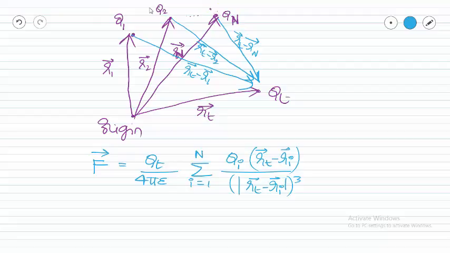Now as per our definition, electric field intensity is force per unit charge at a point, so I will bring this Qt onto the left hand side.